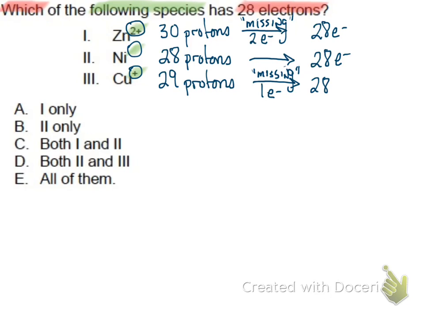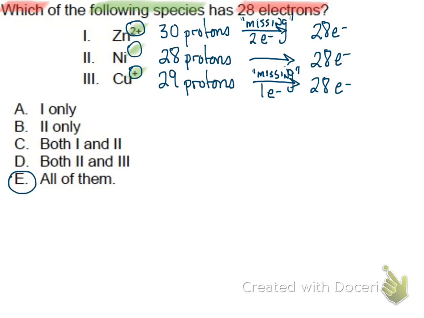This also then gives us 28 electrons for copper. And so in this case we find that all 3 of these species have the same number of electrons. A situation that we'll find later means that they're isoelectronic. But for now, what that means is that the answer is E, all of the above.